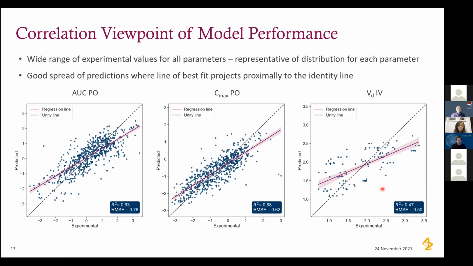But we did see that no matter if it was above this high dose threshold, we could predict them pretty much equally well. We could also see that you could have a high dose compound with a low Cmax and predicted well as well. So that was great to see.